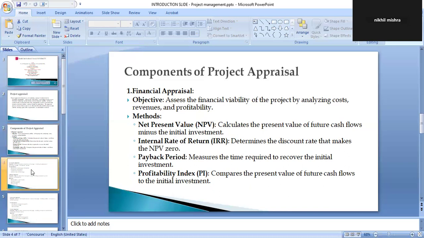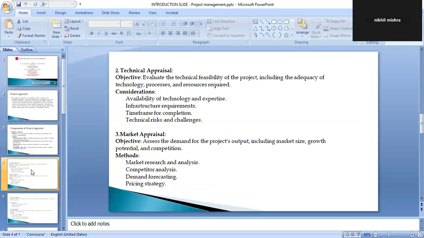Another component or technique is the technical appraisal. In technical appraisal, we have to evaluate the technical feasibility of the project, including the adequacy of technology, processes, and resources required. Means whether the technology is available easily or not, what the process technology requires, and what additional resources are required for that particular technology.